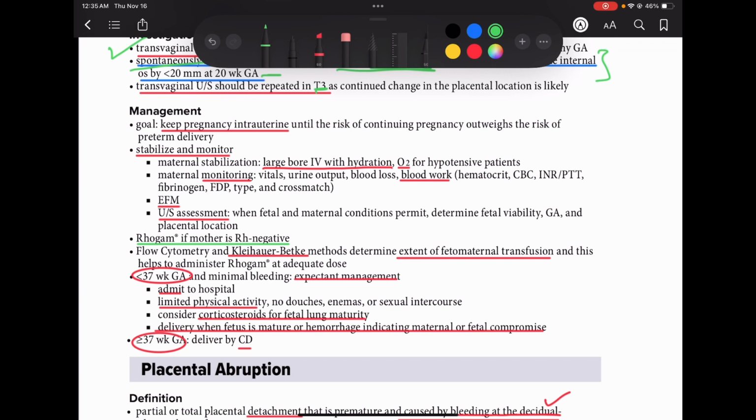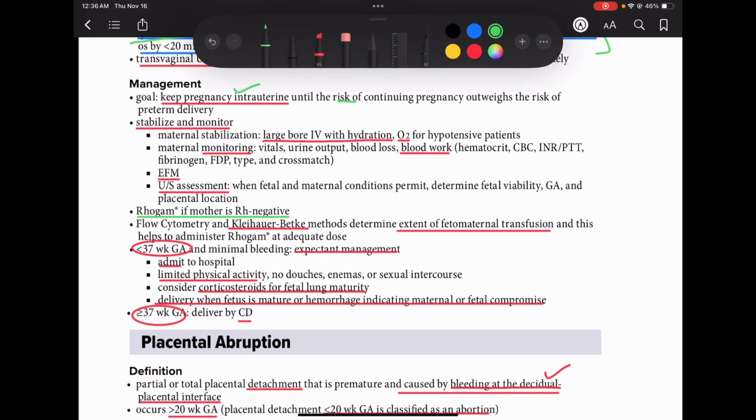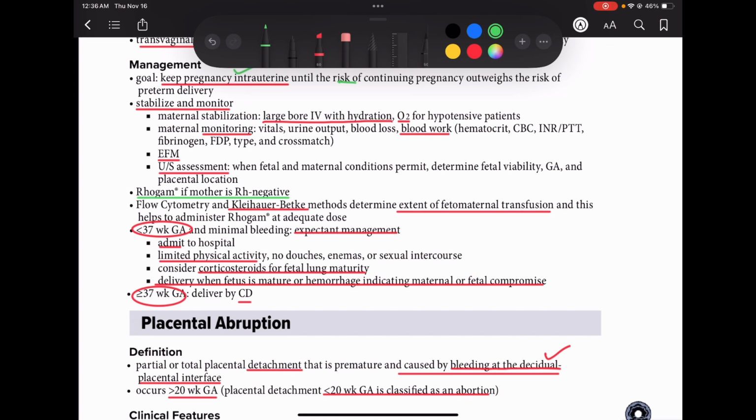You would try to keep the pregnancy intrauterine as much as possible, until the risk outweighs keeping the baby, until there is risk of preterm delivery. So you try to keep the pregnancy intrauterine, stabilize mommy with hydration and oxygen, monitor, do some blood work, and get your blood ready.